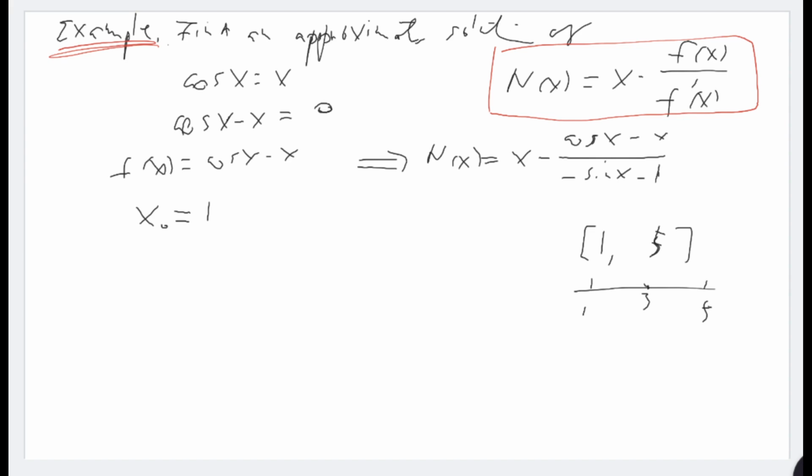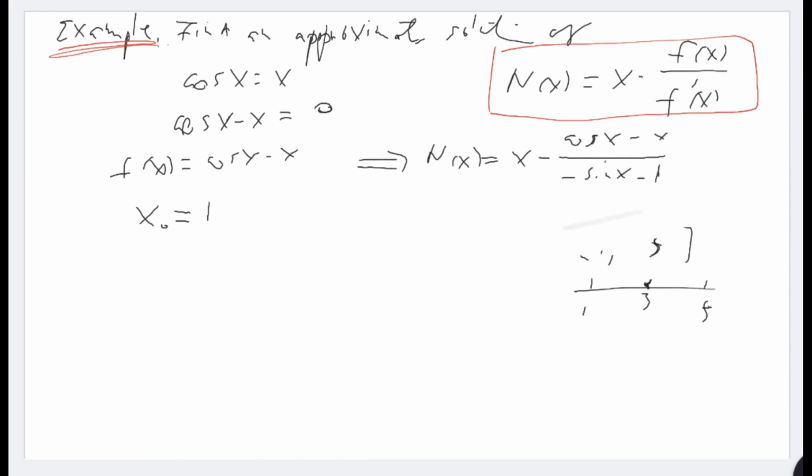This would speed up the process a little bit. Also, when everybody picks the same starting point, I'll be able to compare results. So if there's an interval given, pick the middle point. If not, you just pick any number to try. But most of the time, there will be an interval given.